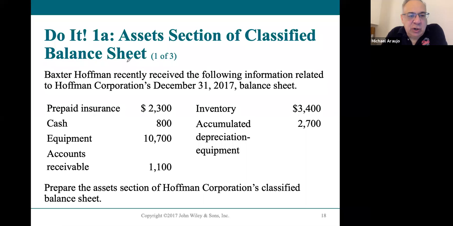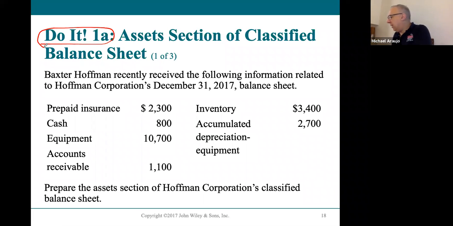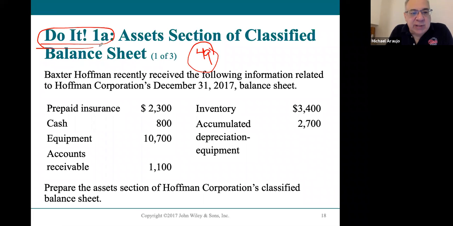So your do it exercise in the book, it's important for you to review this before you start doing your homework. It's on page 49. So if you go to page 49 in your textbook, you'll see the do it exercise 1A, which focuses on assets, the asset section of the classified balance sheet.